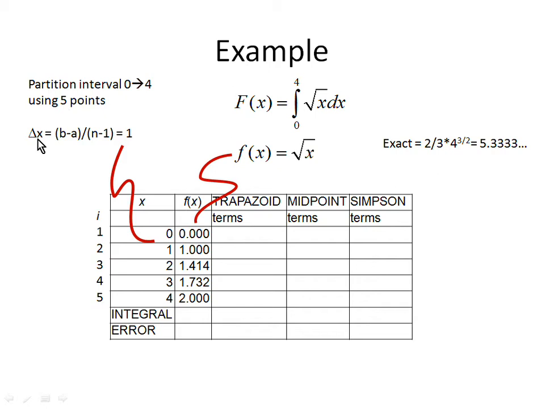So the delta x, the spacing between the points along our partitioned interval, we calculate as b minus a divided by n minus 1, and it comes out to be just 1 unit.